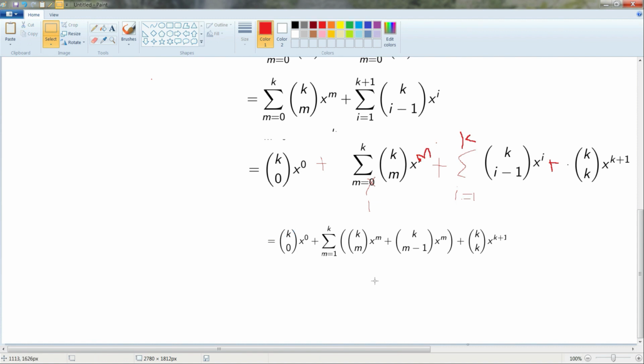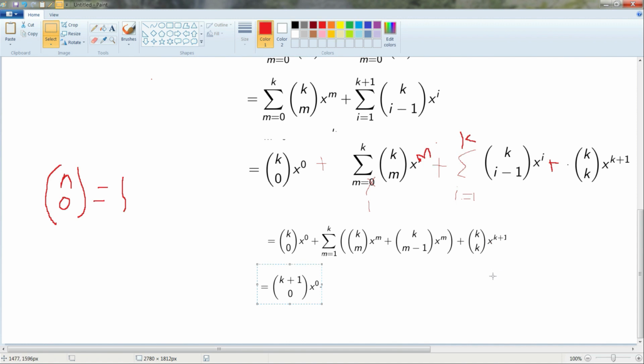Well, first I can notice over on the side that n choose 0 is equal to 1 for all non-negative integers n, right? Thus, I can change this k choose 0 to a k plus 1 choose 0 without changing its value. So doing that gives that this first term is equal to k plus 1 choose 0 x to the 0.